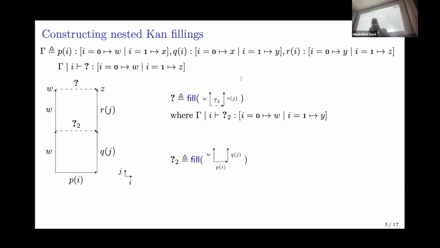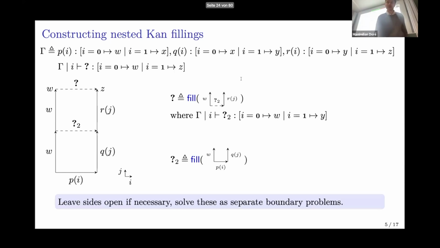So in this way, if you have the filler being put in here, then this is really a solution to the boundary problem. So the second insight that we have is, to manage the search space, just try to solve separate CSPs. If this doesn't work, leave some sites open, call the solver recursively, and in this way do some sensible exploration of the search space.